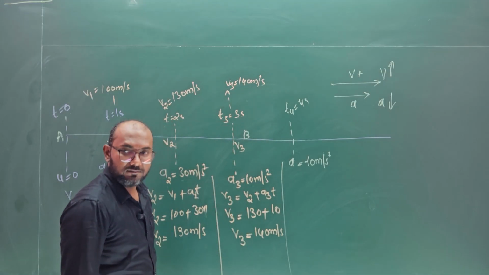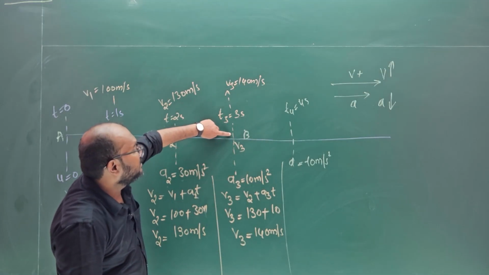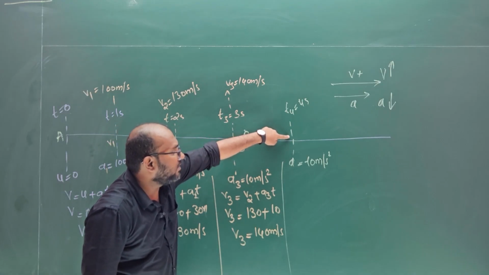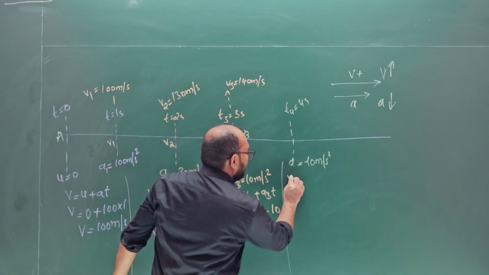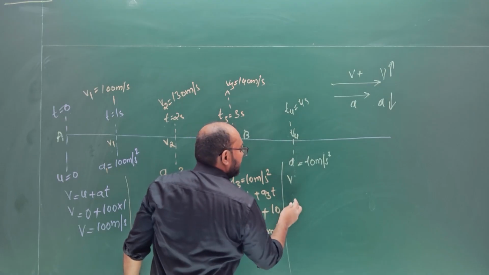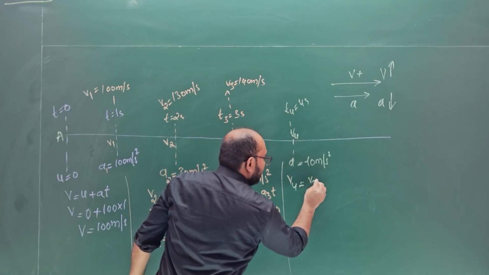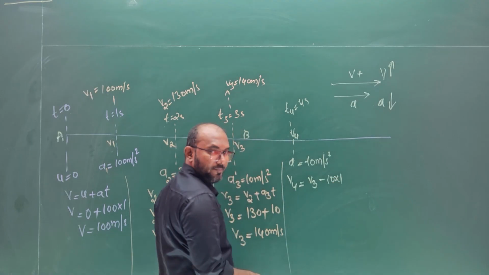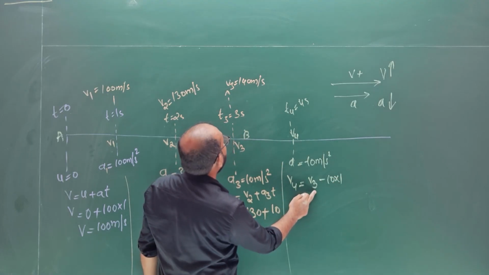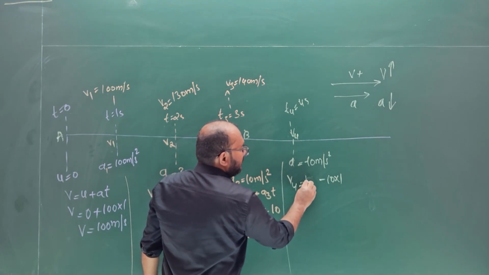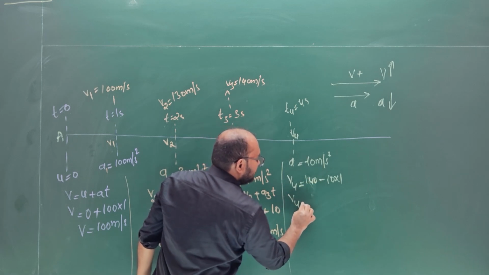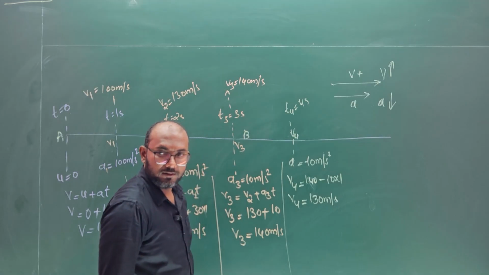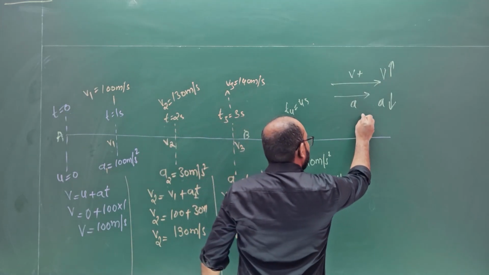What is the velocity at this point? 140. So this is the v4 velocity at this point. v4 is equals to v3 minus 10. What is the value of v3? That is 140. So v4 is nothing but, can I write 130 meter per second? Yes?